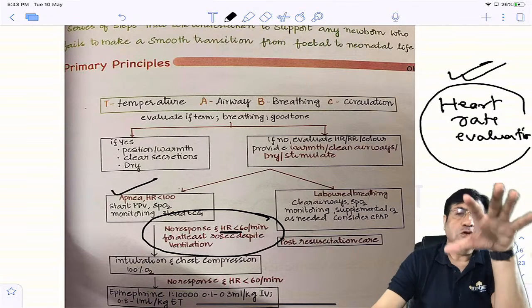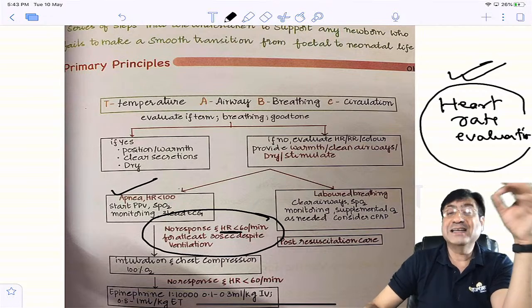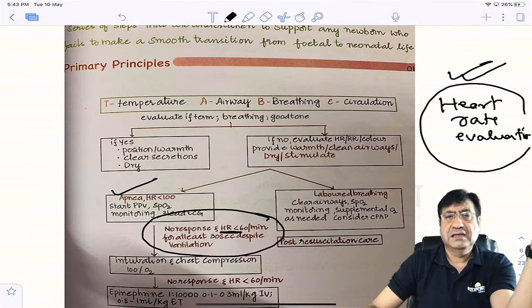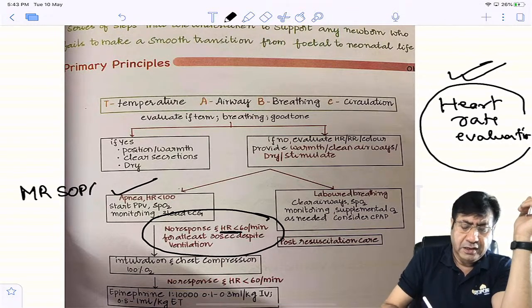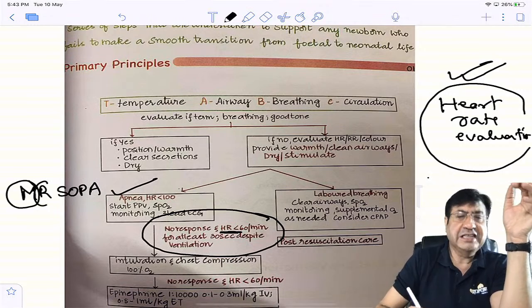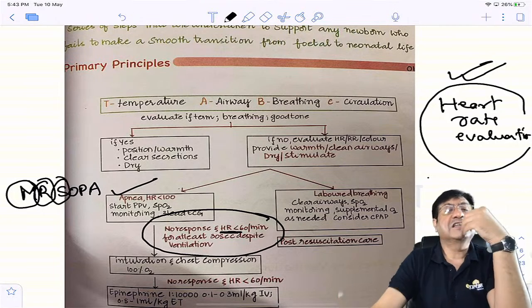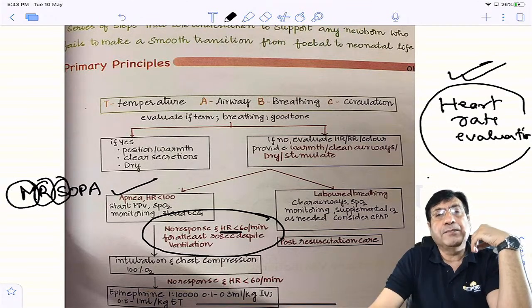So I told you, in those cases where the child is not improving on positive pressure ventilation after 15 seconds, you can do corrective steps given by the mnemonic MR SOPA, which includes mask readjustment, repositioning the baby, suctioning the secretions, which is likely because the secretions are blocking the airways.